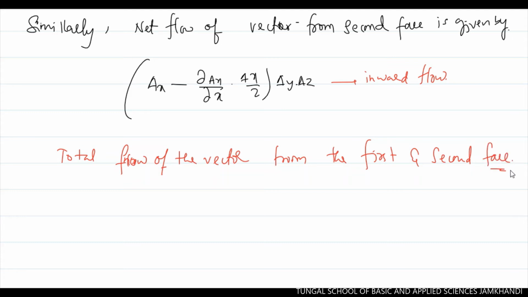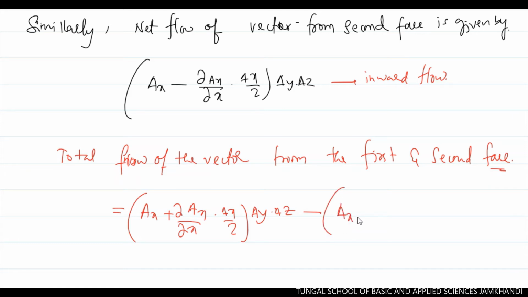Because one is inward and another one is outward, the total flux is given by the sum of these two flow rates. That is given by, first one is Ax plus ∂Ax/∂x into Δx by 2, same into Δy and Δz, minus the inward flow, that is minus of Ax minus ∂Ax/∂x into Δx by 2 into Δy and Δz. So this is the total flow.